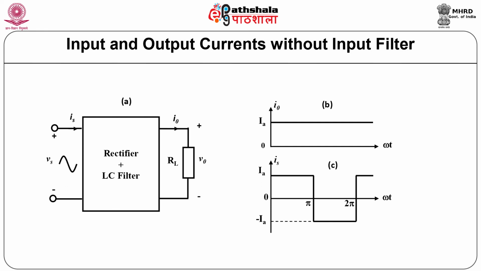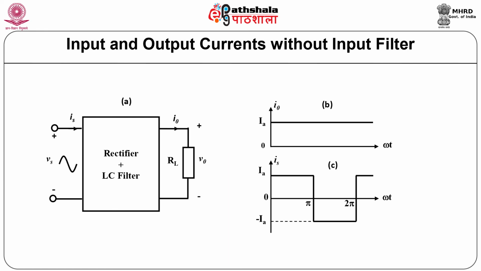We will take an example of a rectifier with an LC filter. If you see the timing waveform of output and input current, the output current is constant, but the input current is almost a square wave. Since it is a square wave, it contains many harmonics.